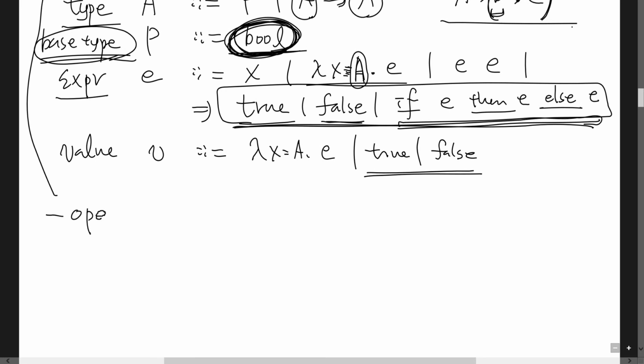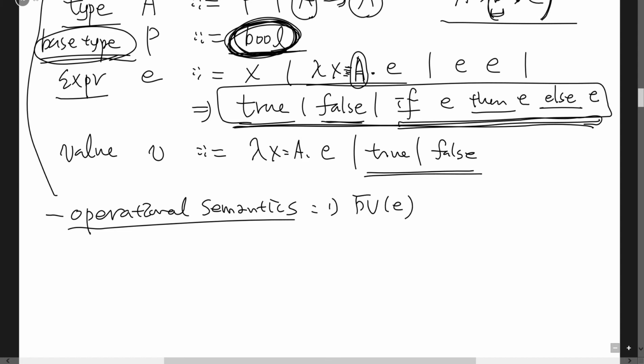So for operational semantics, just like the operational semantics for untyped lambda calculus, we will have to define, for example, this free variable function, and we also have to define this capture-avoiding substitution, written e for e prime for x in e.